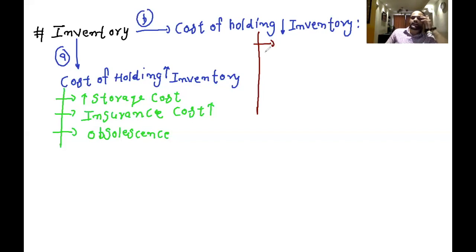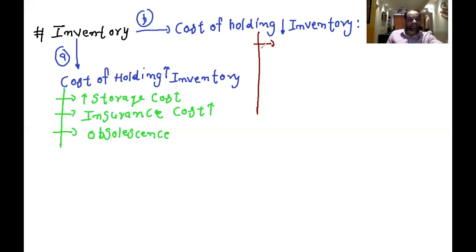First thing is, if you hold less inventory and sudden demand increases in the market, suddenly you get a big offer, maybe an order to produce the product, so you require a large amount of inventory. However, you're holding a very small amount of inventory. So in this situation, you will lose customers.